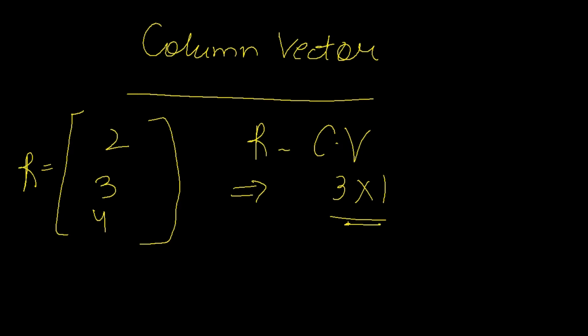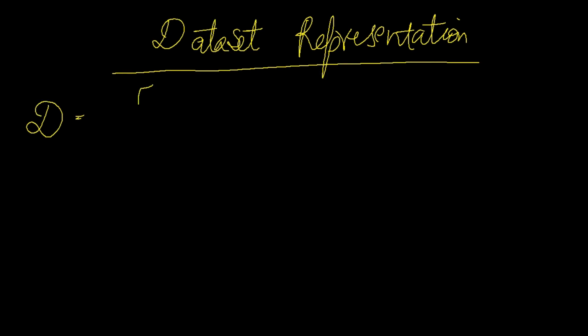Now let's move on to dataset representation. The dataset is mainly denoted by the term D and it is represented in the form of a matrix, like this.